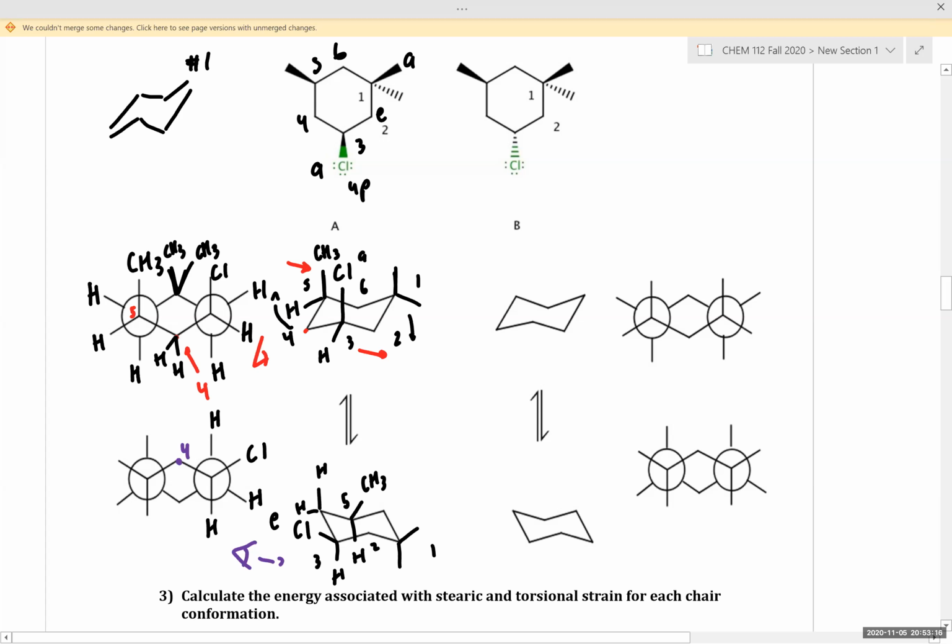We have our 2 hydrogens. The methyl group is equatorial. And carbon 1, we still have these 2 methyl groups as always. Okay, does that set of Newman projections make sense to everyone?